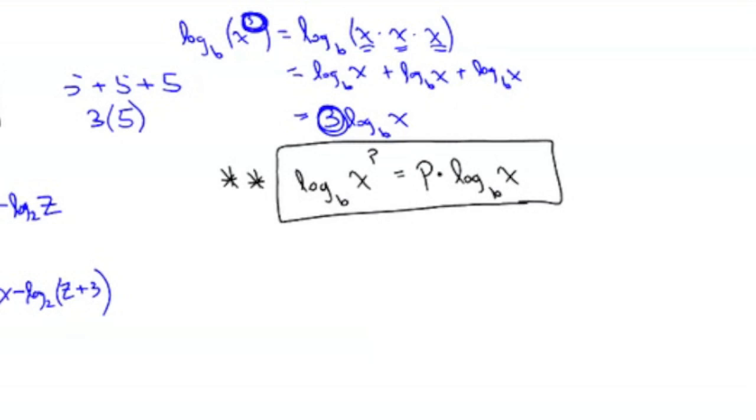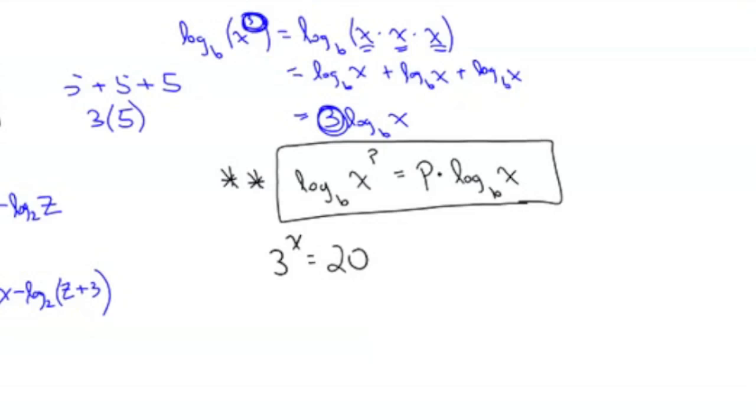For instance, 3 to the x is equal to 20. Remember this equation? I'm going to apply a function to both sides.